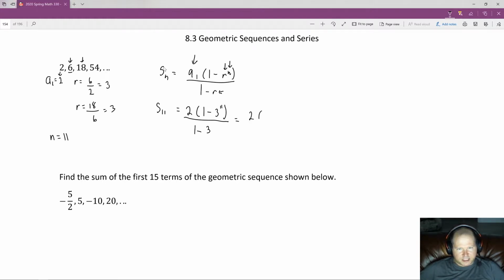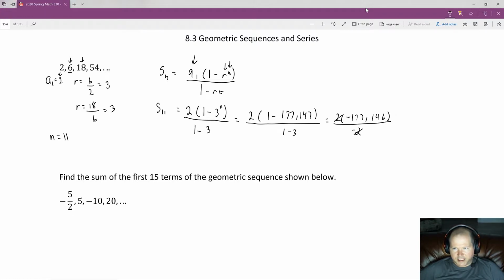So what we would have is 2 times 1 minus 3 to the 11th power, which is 177,147, all over 1 minus 3. So we have 2 times 1 minus 177,147, which would give you negative 354,292, all over 1 minus 3, which is a negative 2.